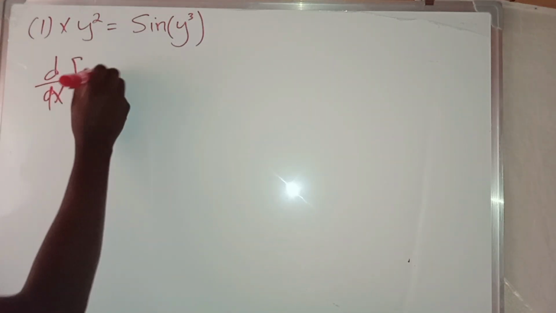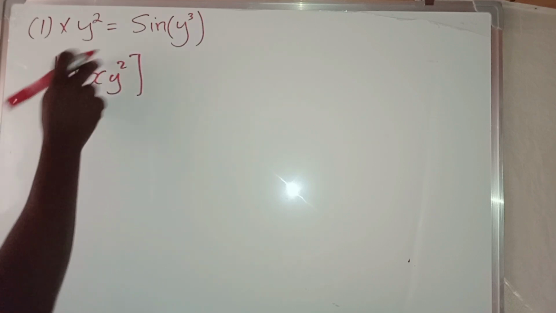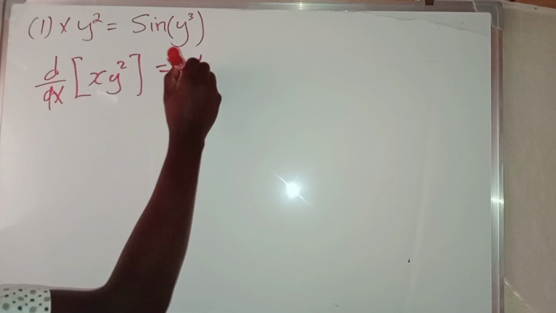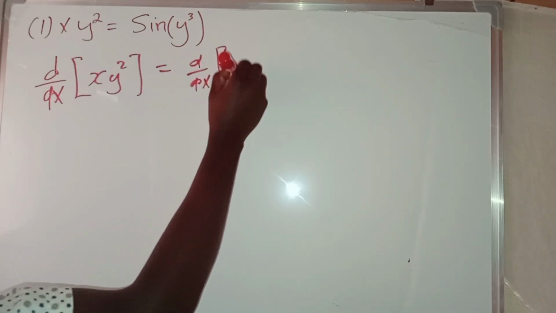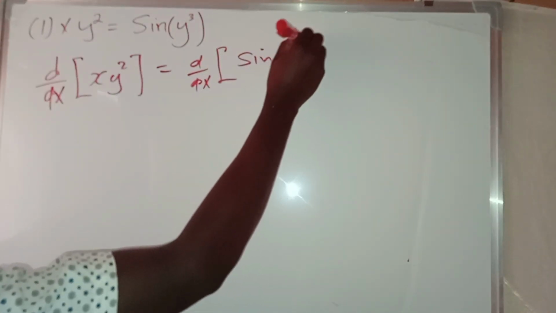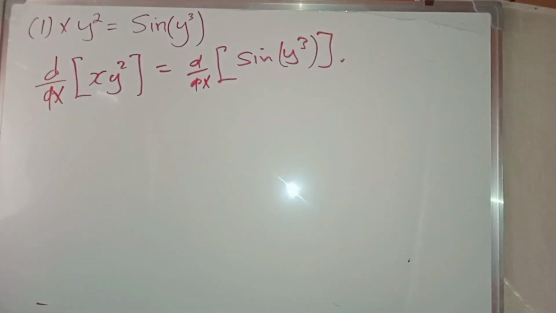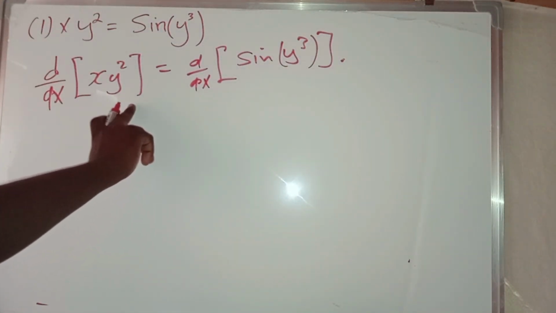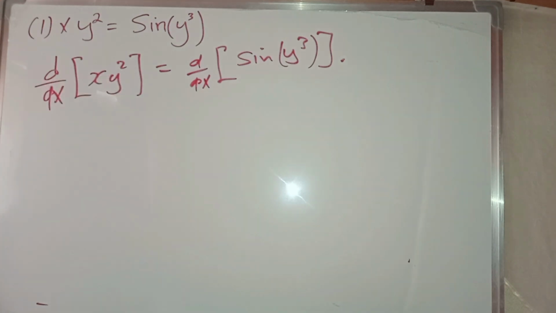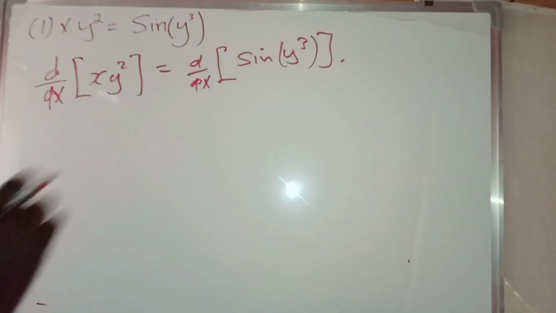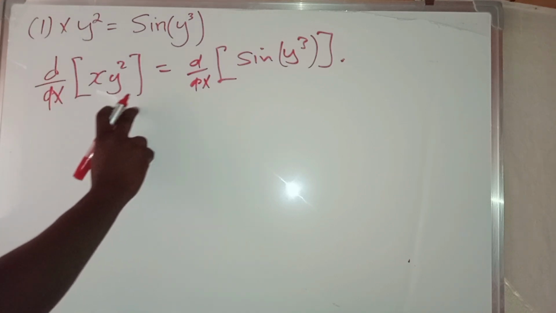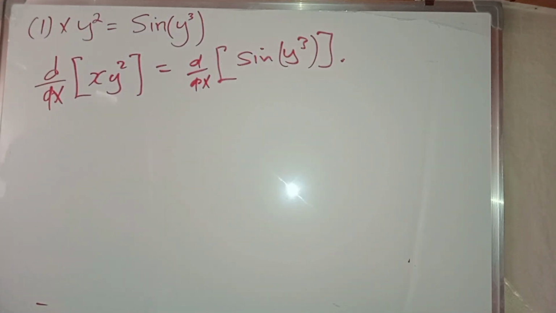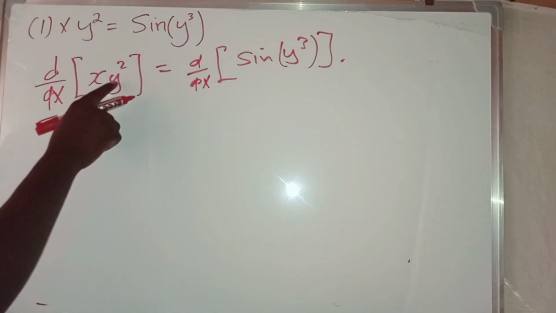Differentiating on both sides, you have the derivative of x y squared is equal to the derivative of sine y cubed. From this, you have x y squared and sine y cubed. In this part, you use the product rule. You differentiate this, you hold that.